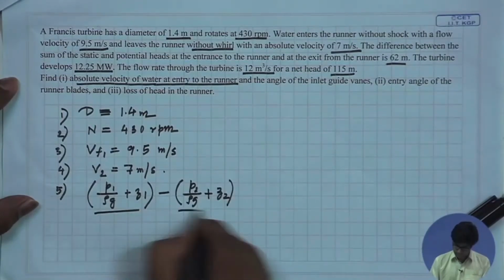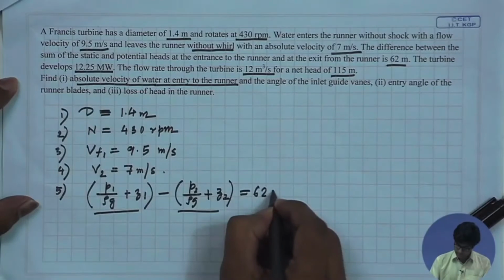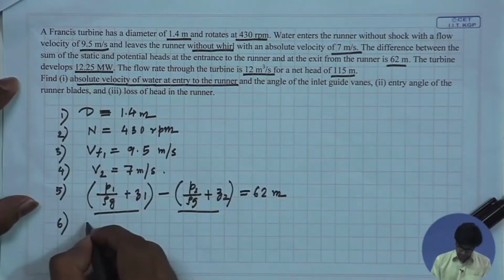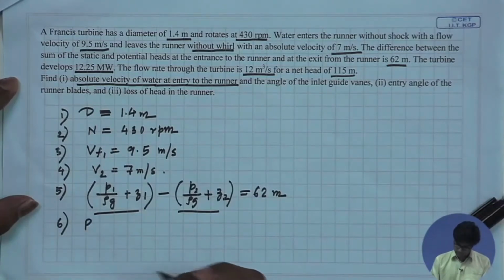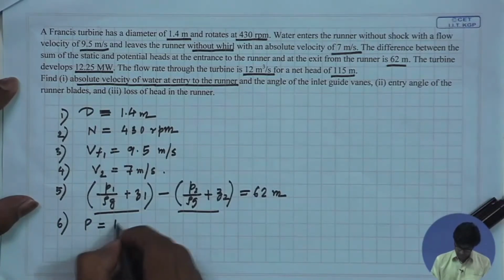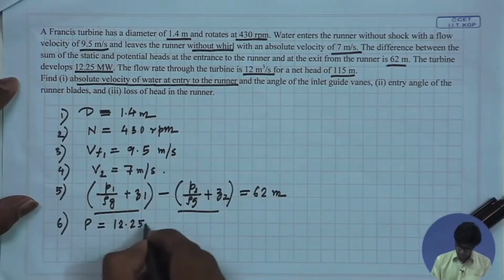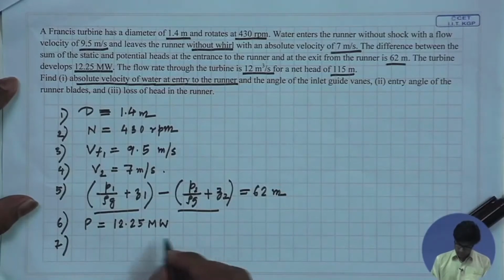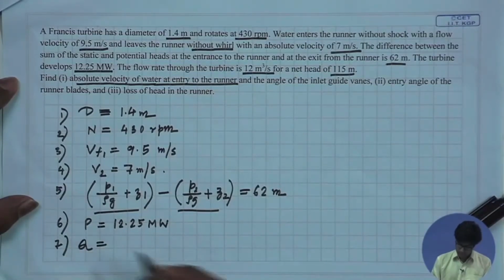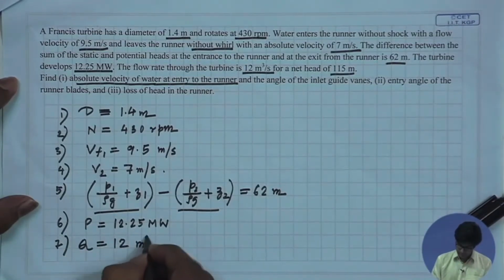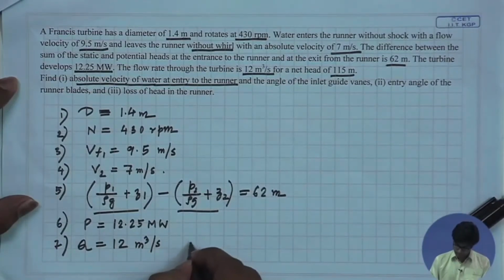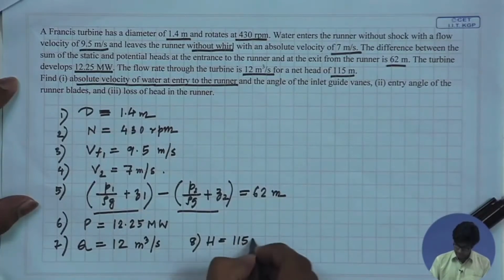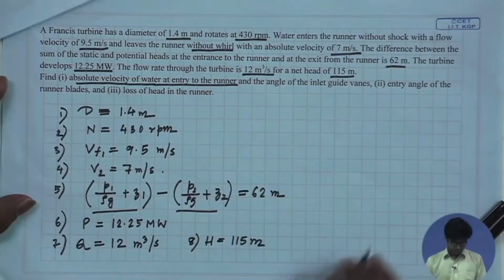This whole difference is given as 62 meters. Next, the power developed from the turbine is given as 12.25 megawatt. The flow rate is given as 12 meter cube per second and the net head available is given as 115 meters.